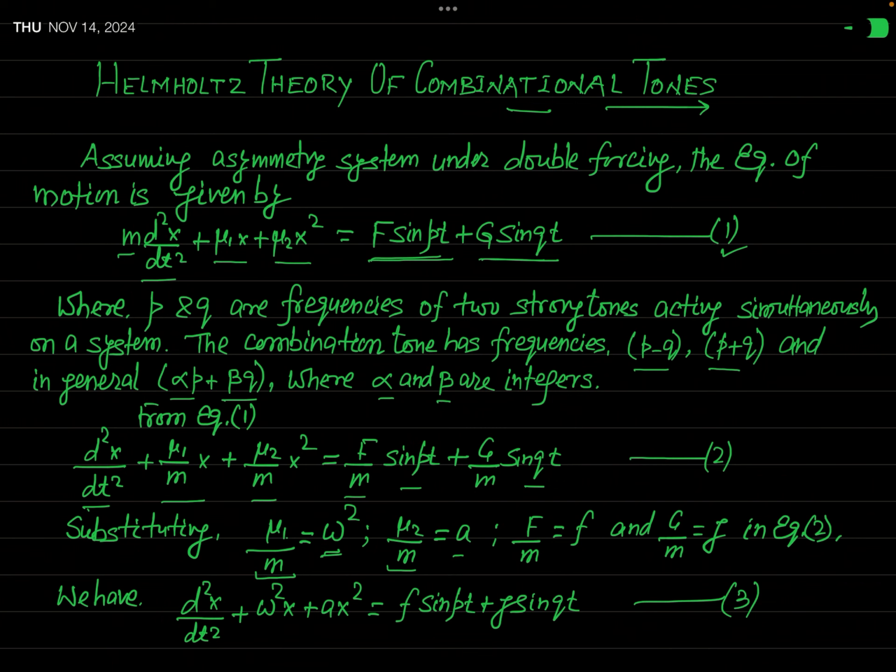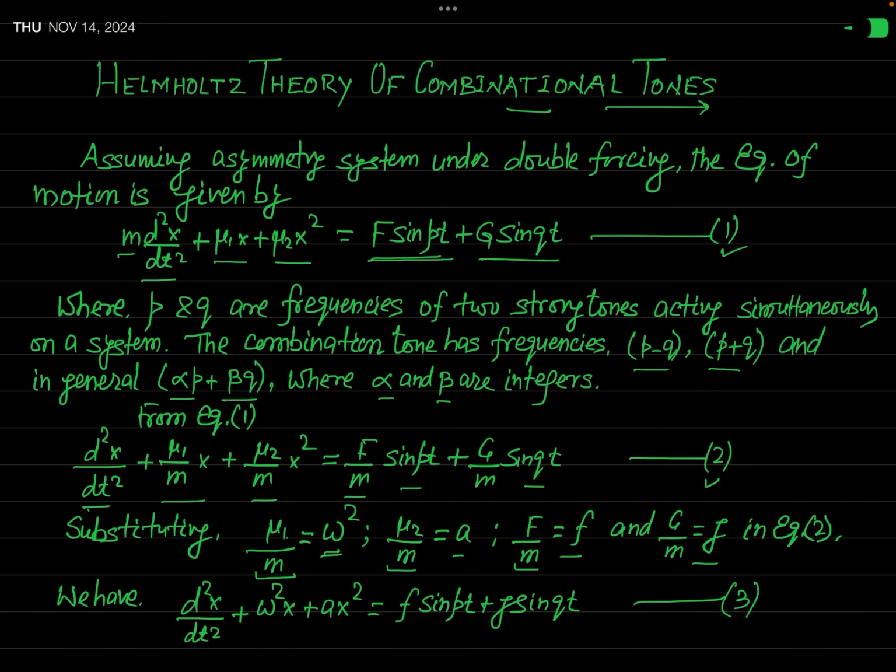Similarly, capital F by m is equal to a small f. This quantity small f will have the dimension of acceleration. And G by m is denoted by a small g.